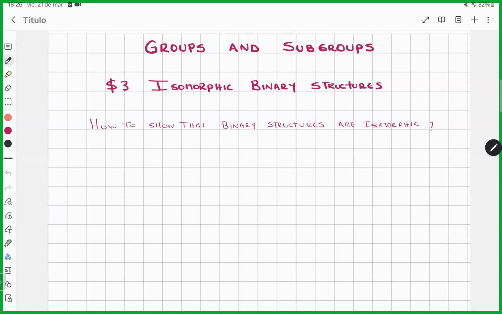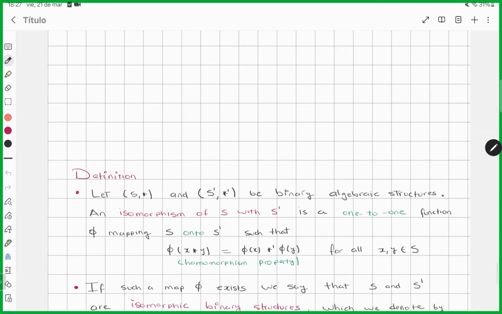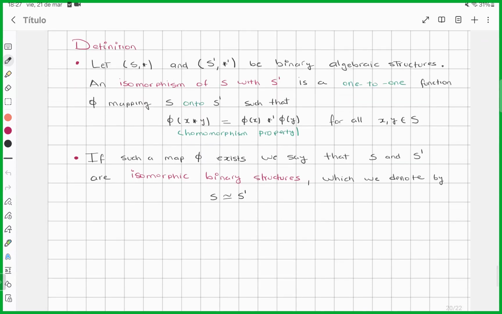Well, in order to answer this question, first, let's recall that a binary algebraic structure is a set together with a binary operation. Also, we should recall the definition of isomorphic binary structures. And for this, I have already written the definition, and it says the following.